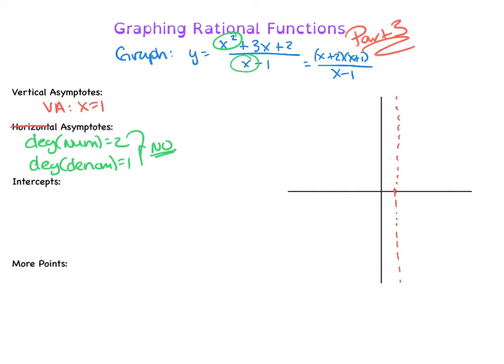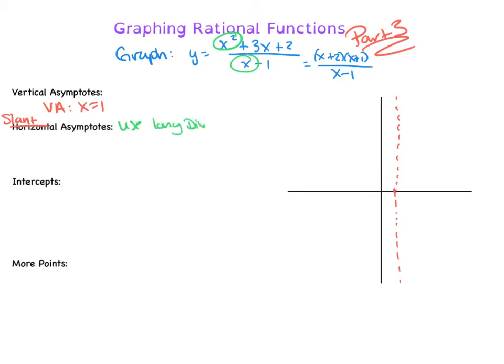What we do have, again, is a slant asymptote because the degree is bigger in the numerator than it is in the denominator. So, just like in the last problem, I'm going to use long division.